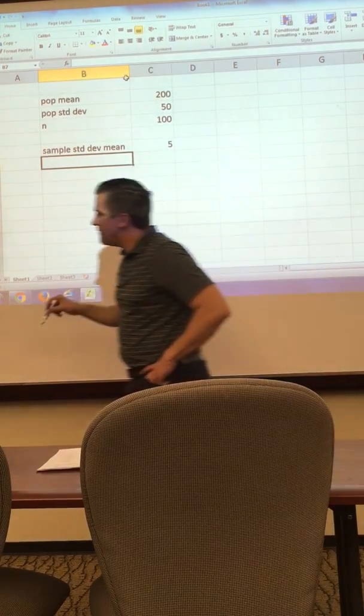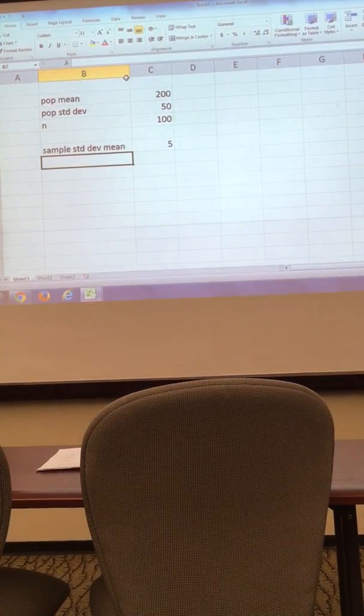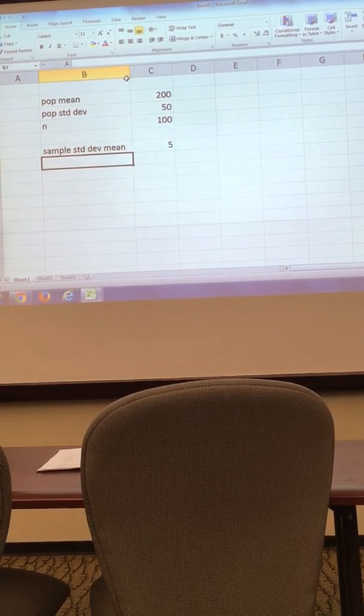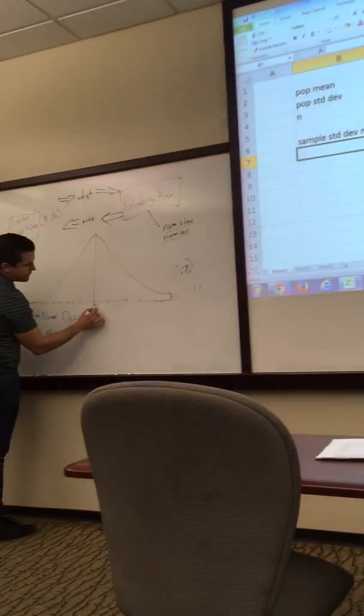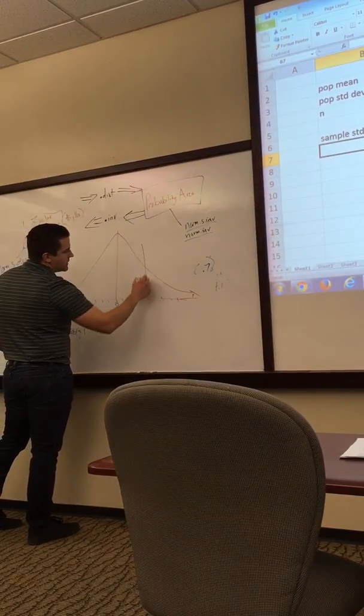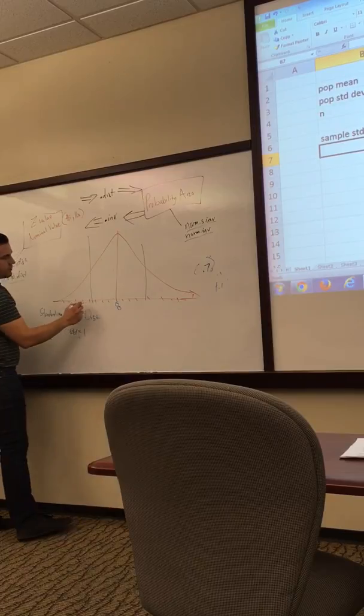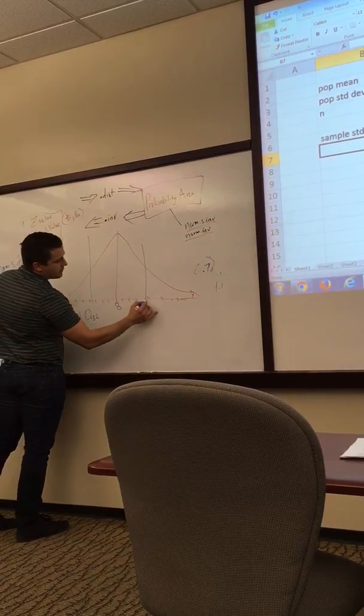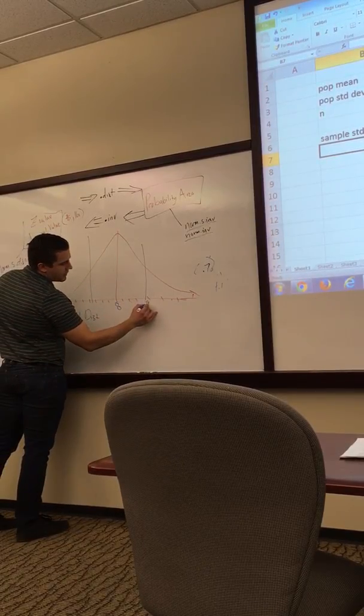So if we're trying to estimate the mean, and the mean is 100 for the true population, and we end up one standard deviation above and one standard deviation below, what's the probability we're going to finish within one standard deviation above and below the mean?